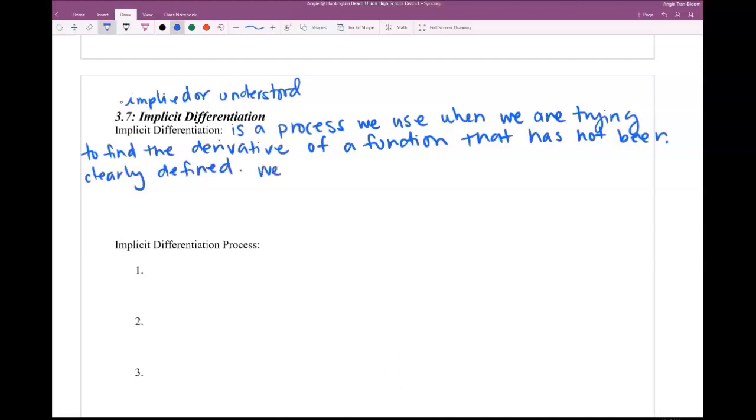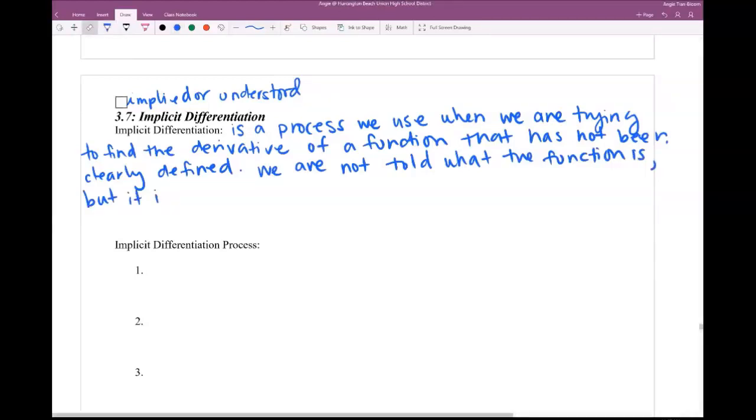We are not told what the function is, okay? But it is implied that it is a function of x.